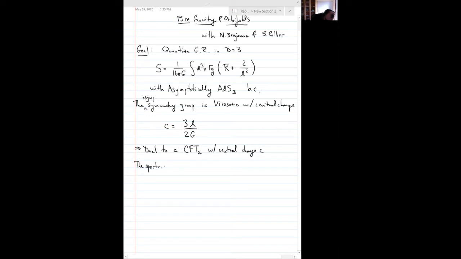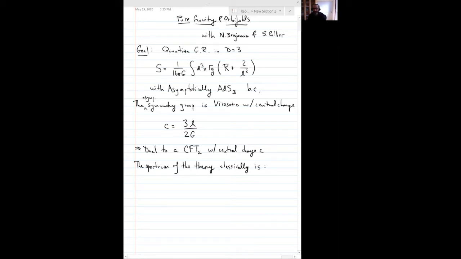So the first thing that you could ask is, what does the spectrum of the theory look like classically? The spectrum of the theory, that is to say, the set of solutions of general relativity in 2+1 dimensions, is actually rather easy to determine classically.